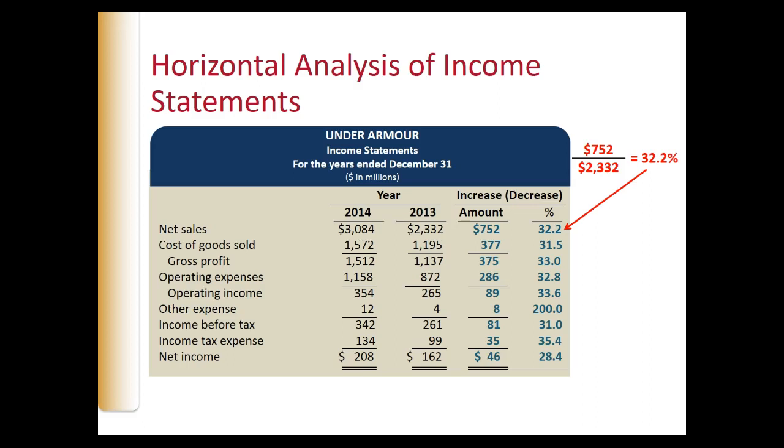So for example, the amount of sales increased $752 million, which is equal to sales of $3,084,000 in 2014 minus sales of $2,332,000 in 2013. We calculate the percentage increase of 32.2% by dividing the $752 million increase in sales by 2013 sales of $2,332,000.